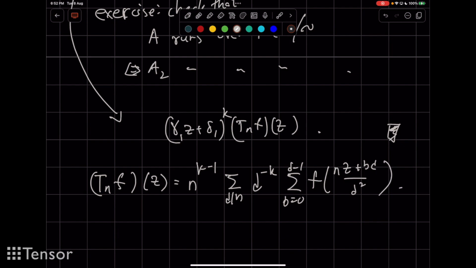Now can you see that f is analytic, or holomorphic, on the upper half plane? So T_n f is holomorphic on the upper half plane. Can someone tell me why?